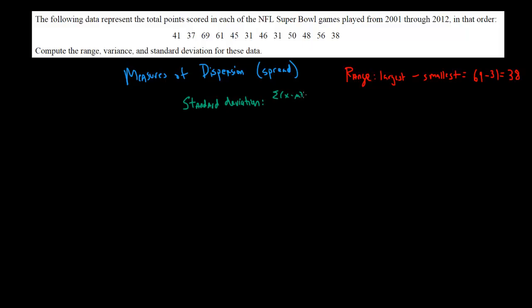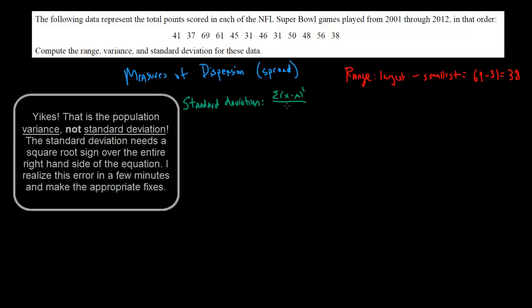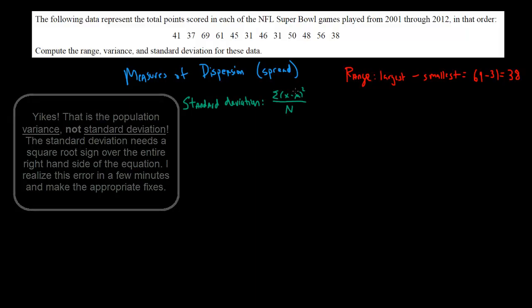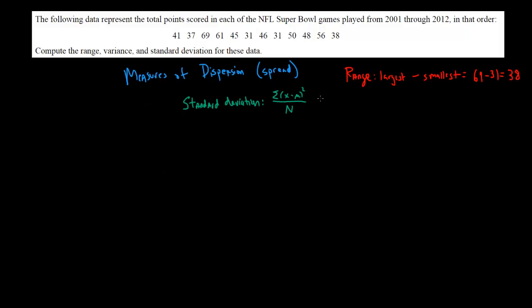It is the square root of the sum of (x minus mu) squared, divided by capital N. It's the averaged squared deviations from the mean. That's how you would calculate the standard deviation. Now this is for a population.